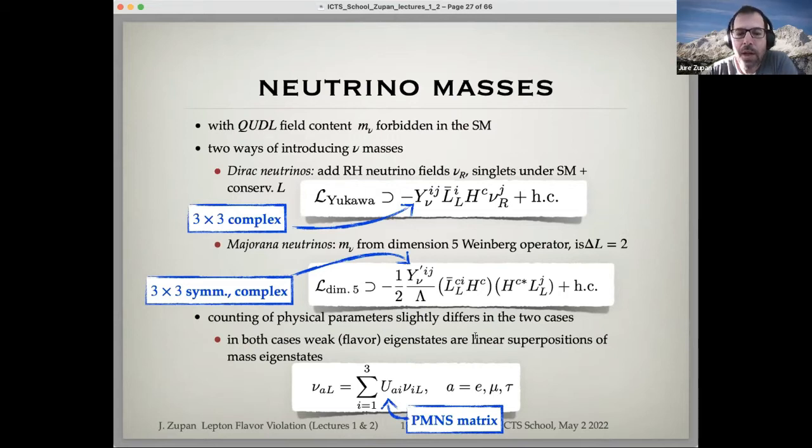I won't go over it. But in both cases, what you will end up with is a mass basis related to the flavour basis. There will be a transformation where the flavour basis fields are related to the mass basis neutrinos through a 3×3 matrix called the PMNS matrix.